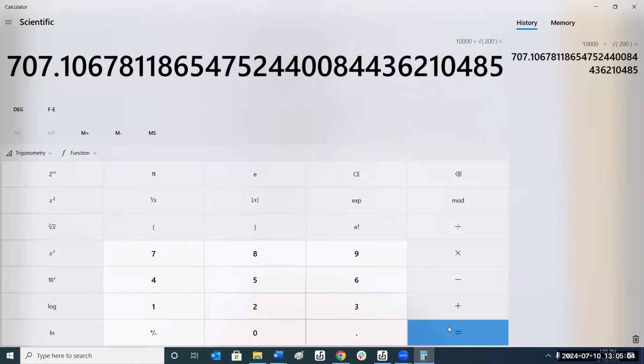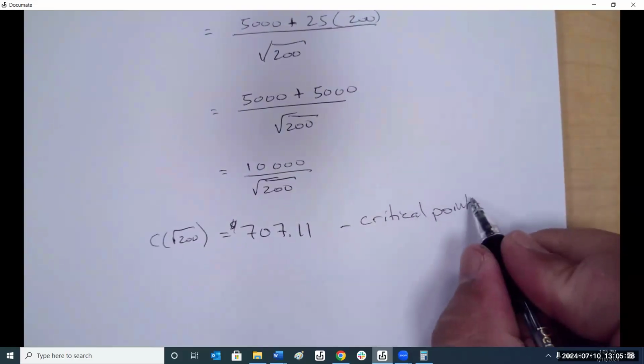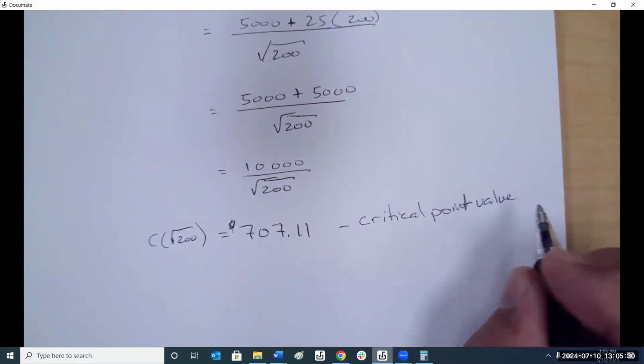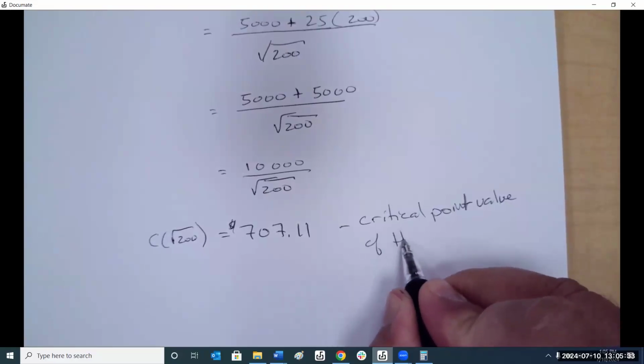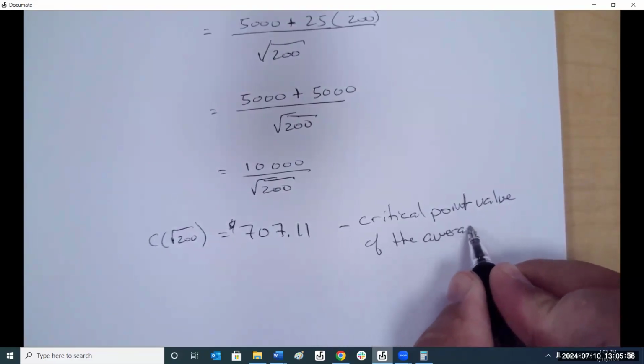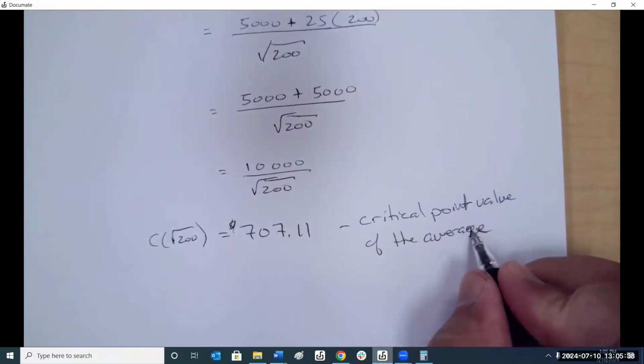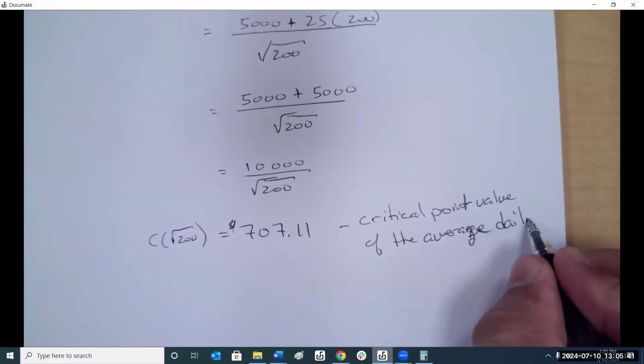707.11. This is the critical point value. Let me put that over here. Critical point value of the average daily cost.